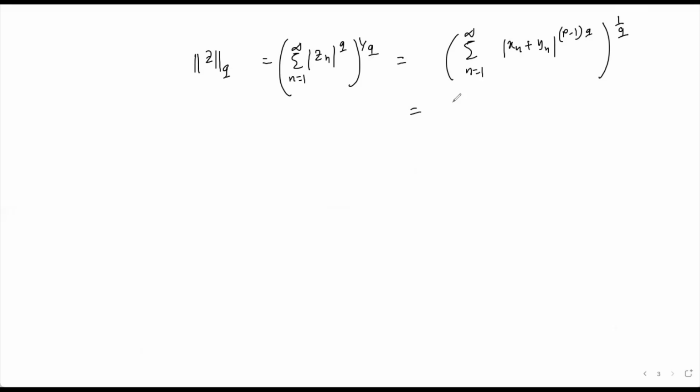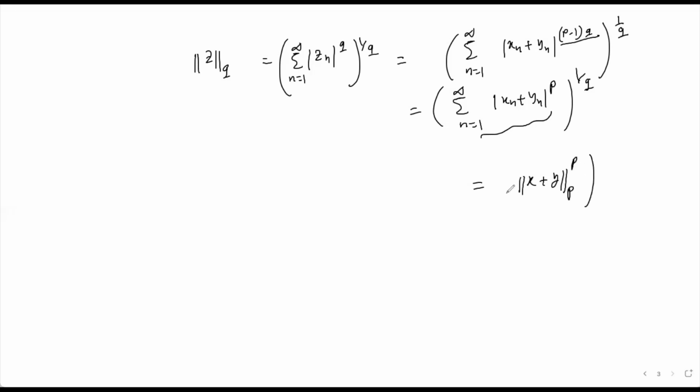And this is equal to the summation of |x_n + y_n|^p, since this quantity is equal to p, then power 1 over q. Now this is equal to the p norm of x plus y, to the power p, and whole power 1 over q. So this is equal to the p norm of x plus y, to the power p over q.